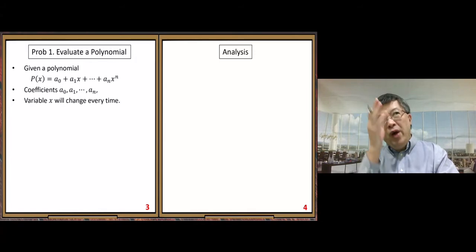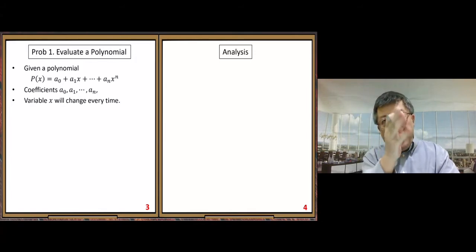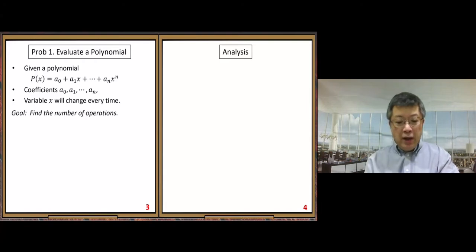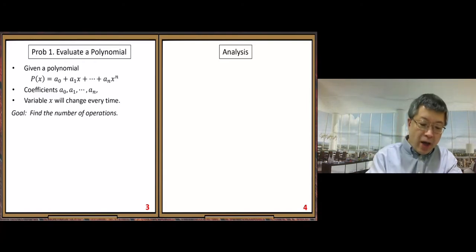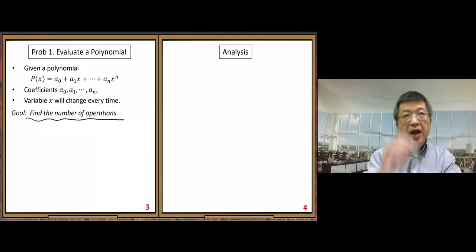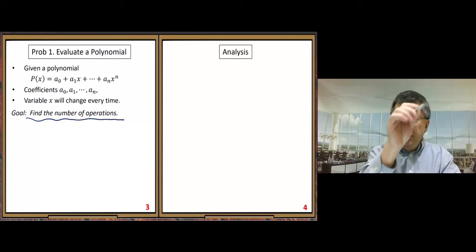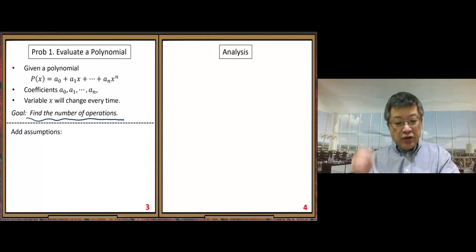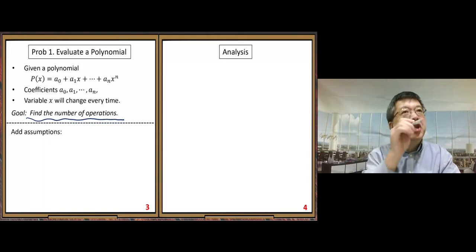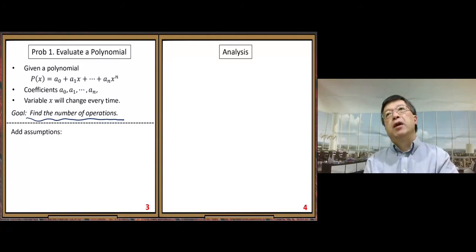When we try to find that number, find the number of operations, including additions and multiplications, we may need to do some assumptions. Because the given problem does not give us much information.